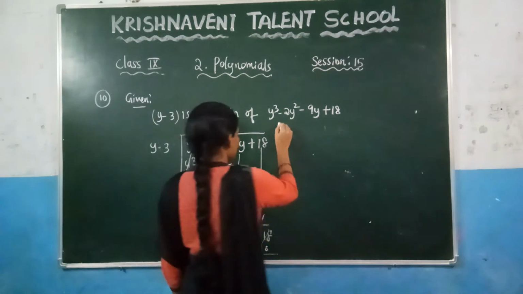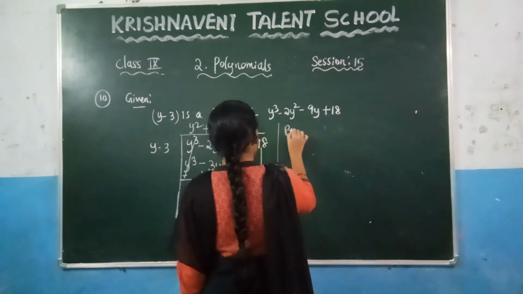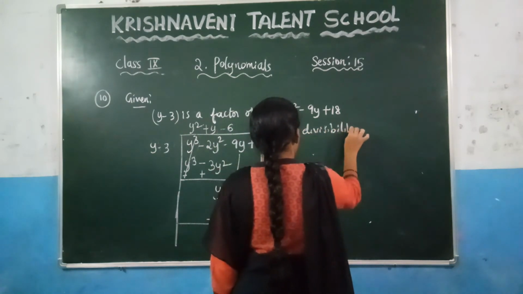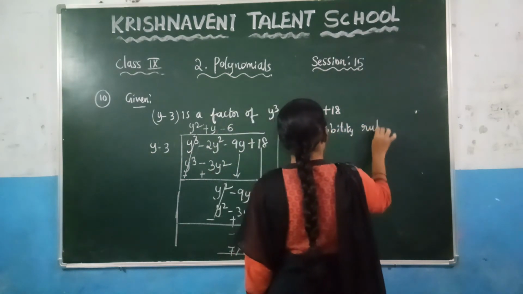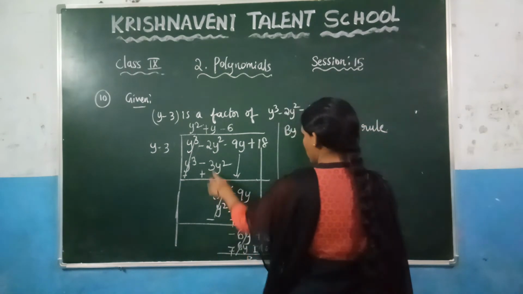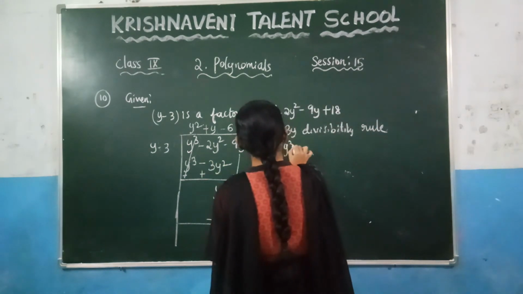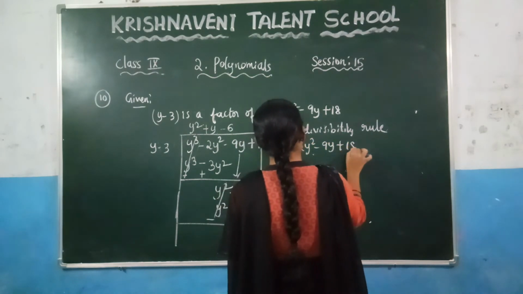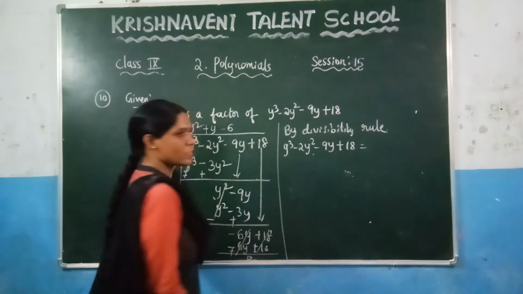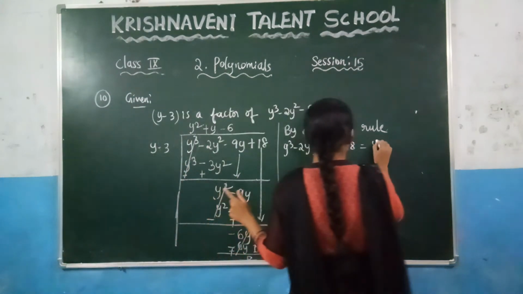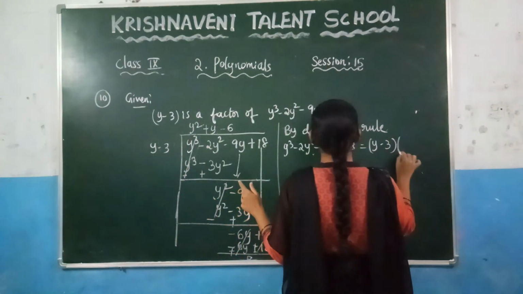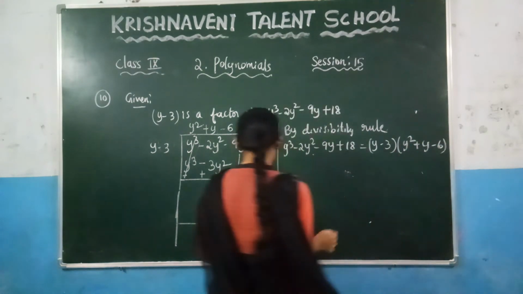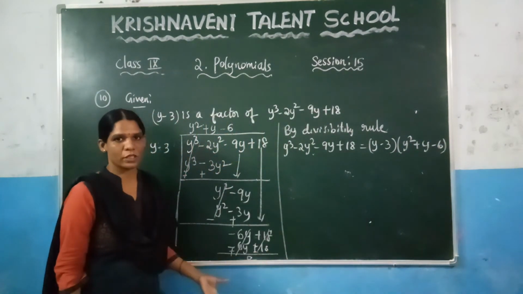So write it here, by the divisibility rule, the dividend, which is y cube minus 2y square minus 9y plus 18, is equal to the divisor, which is y minus 3, into the quotient, which is y square plus y minus 6, and the remainder is plus 0, there is no need to write it.